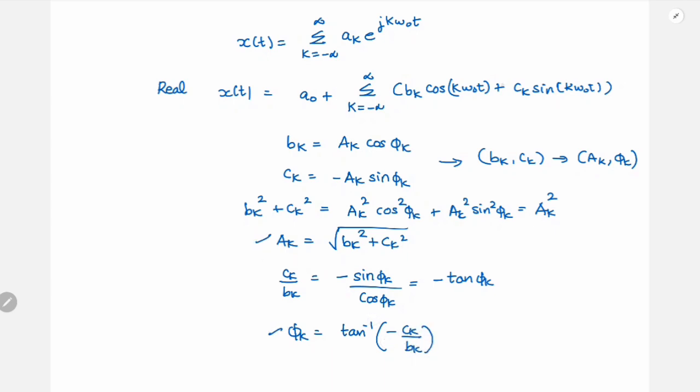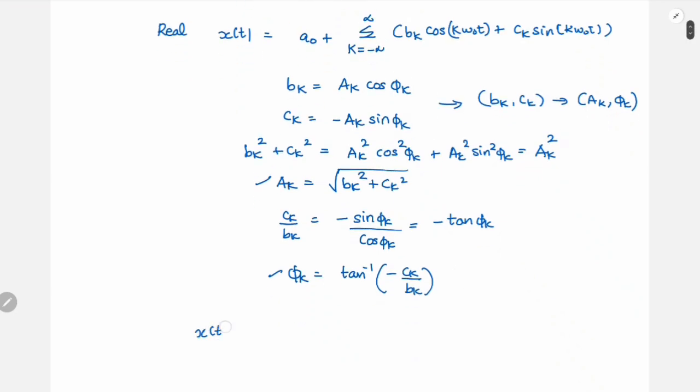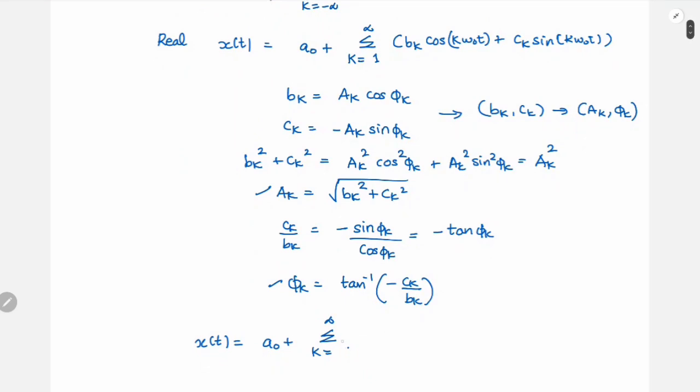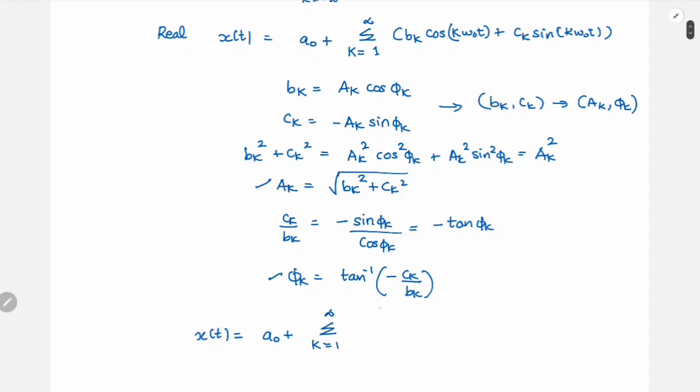Now if we substitute bk and ck in this equation, we have a0 plus summation k equal to, this is from 0 to infinity, 1 to infinity, correct? So 1 to infinity, bk is ak cos phi k into cos k omega naught t minus ak sin phi k sin k omega naught t.